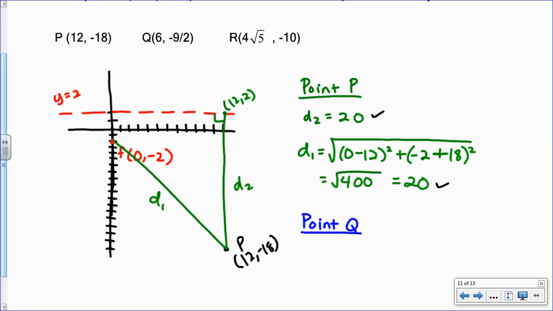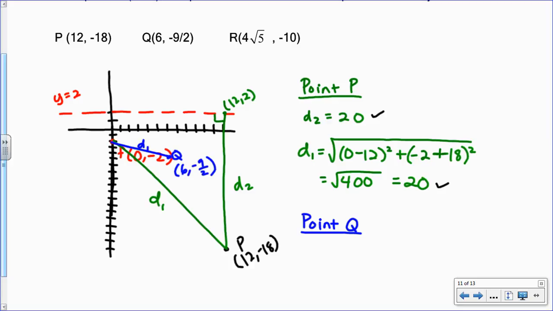So -9 halves is 4.5. Okay, connect this point then to your F. So now I'll call that my distance 1.